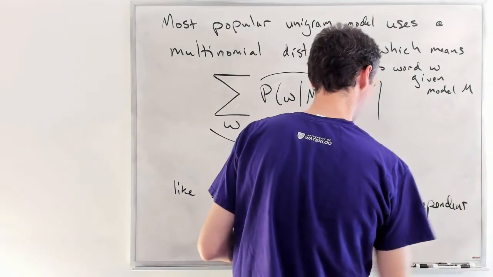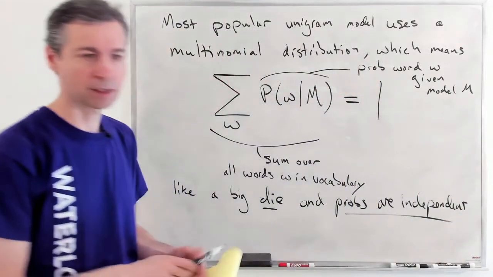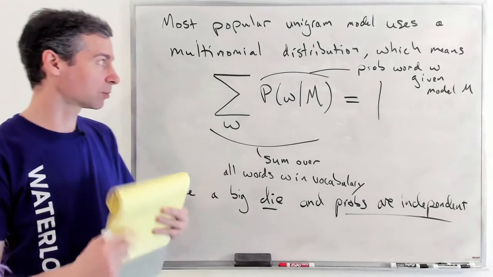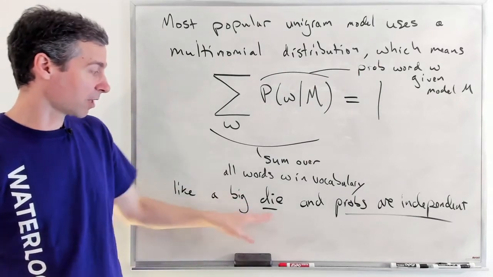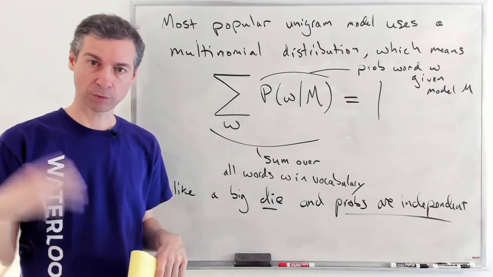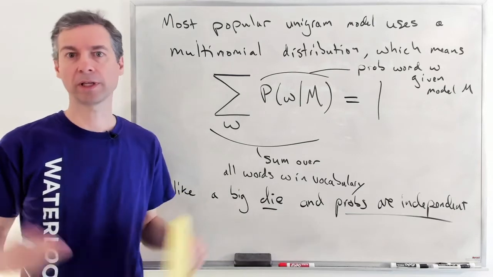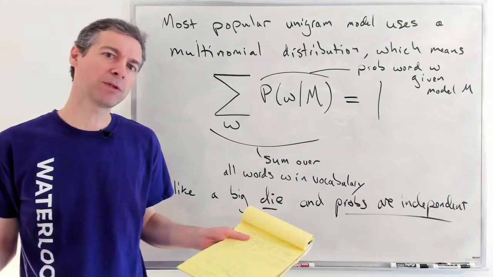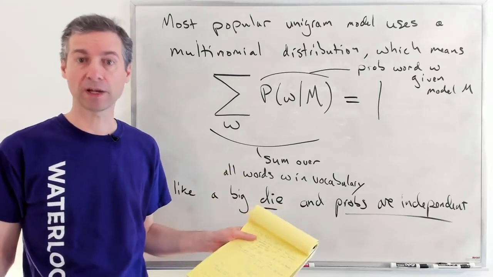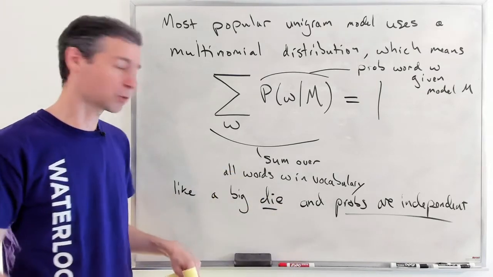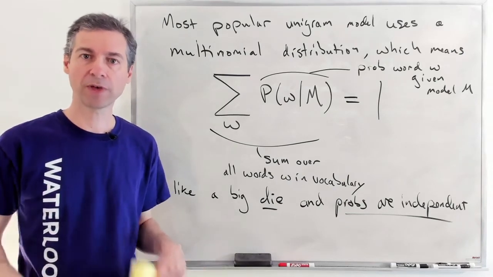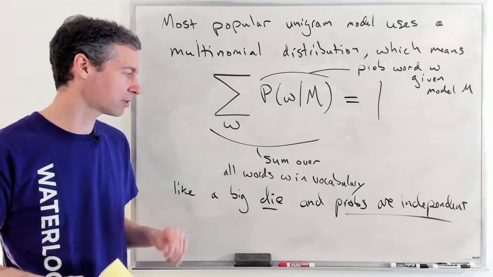So the probability of one word does not depend upon the probability of another word. All right, and it's like a die. We're used to 6-sided dice that we put in our games. People who play role-playing games might be used to dice with other numbers of sides. Of course, we're used to coins that have a vocabulary of heads and tails on them, only 2 sides as well.